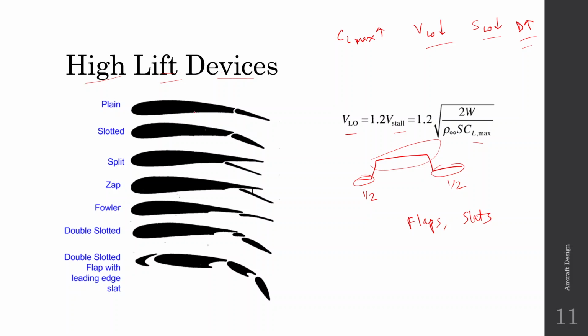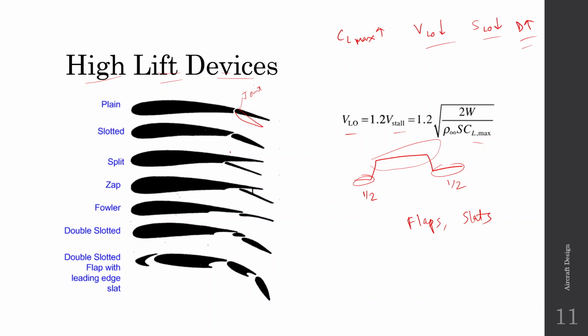Okay, so if you look at this plain flap, so here there is a joint which can move the flap down like this. Okay, so this increases the camber of the wing, and so the wing produces more lift and also more drag. During takeoff and landing, this flap will be extended down to have a higher CLmax, but during cruise, this flap will be retracted such that the drag is not that high.